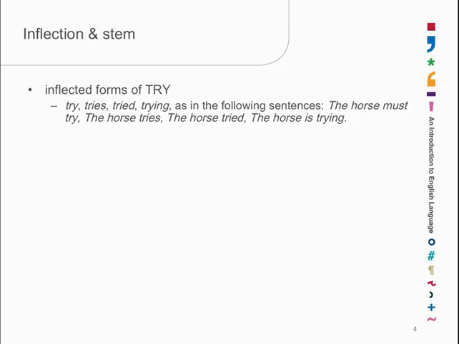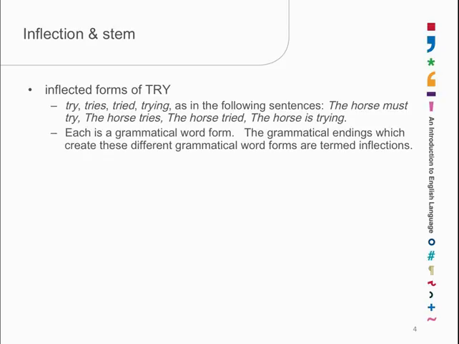Each of these we can call a grammatical word form. It's a form that a lexeme takes depending on grammatical factors, and the difference of one form to another has to do with the endings that the word has. It has an S on the end, or an ED, or an ING, and these are called inflections.